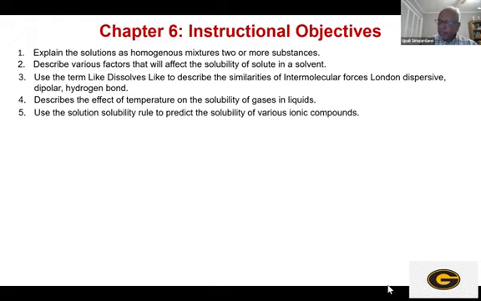We also talked about solubility rules for ionic compounds. We covered this material in chapter 4, solubility rules. There are rules that definitely say which ionic compounds are soluble and which are not soluble in water.